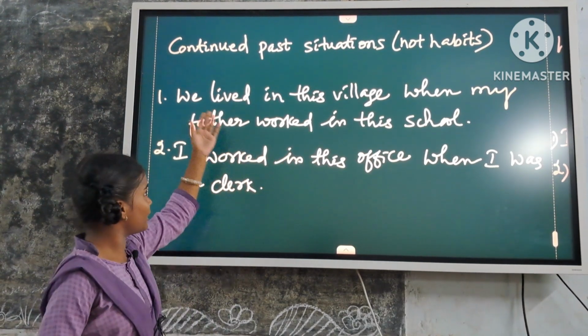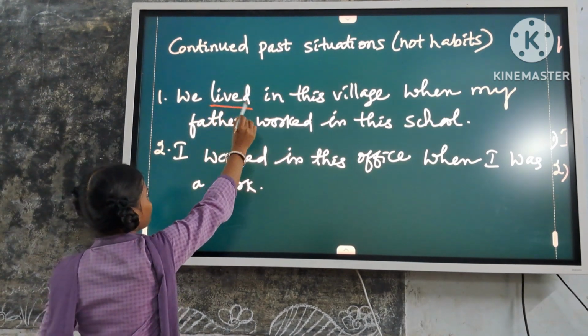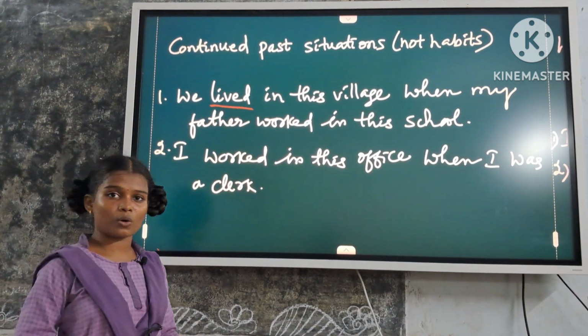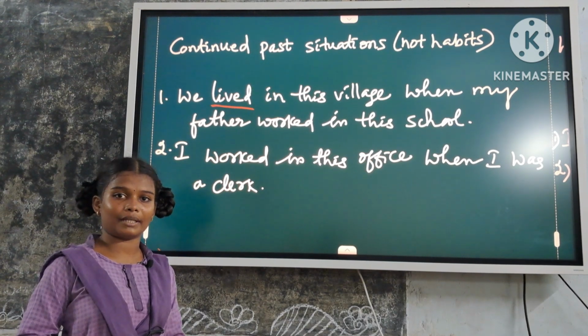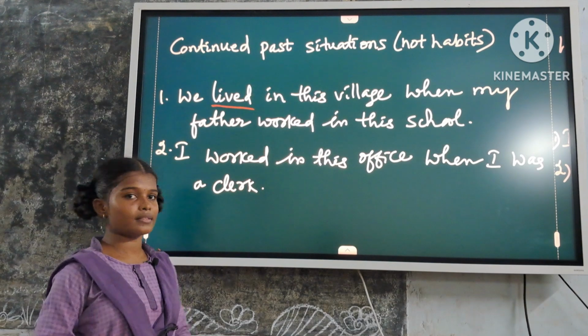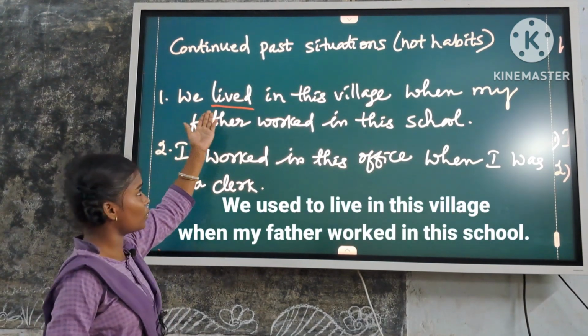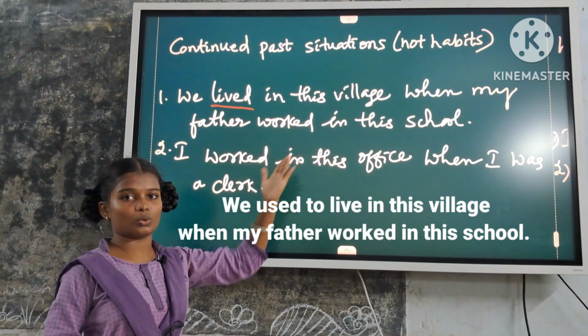Here lived is the verb in the main clause. It shows continued past situation but not habit, so we can use only used to. So answer is, we used to live in this village when my father worked in this school.